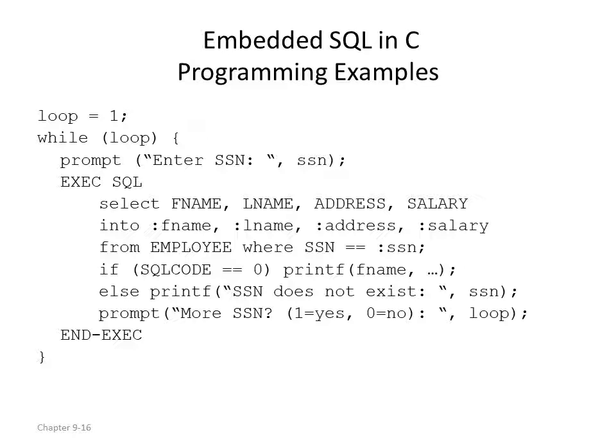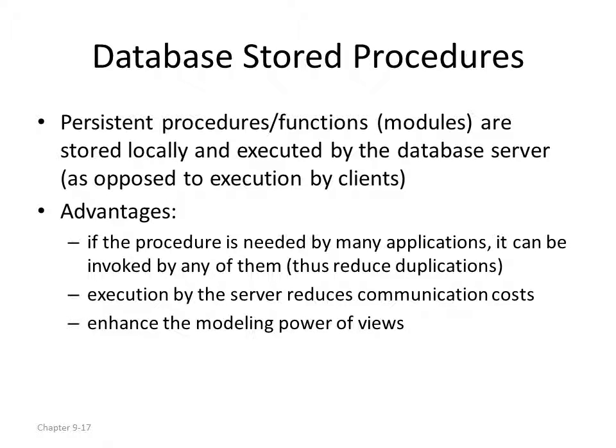Those things we can come to know and execute. The result comes in the same language, but we have to use SQL commands and statements between EXEC SQL and END-EXEC.